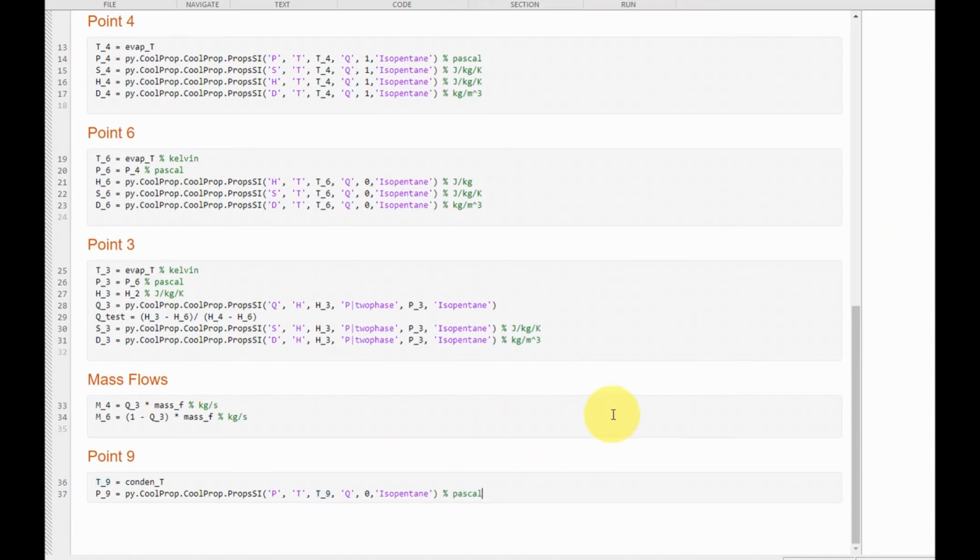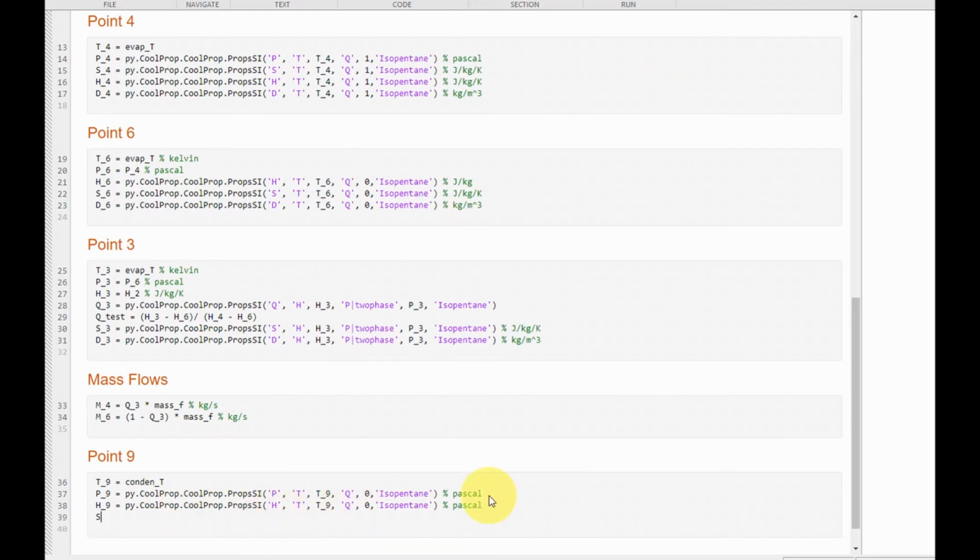Similarly, we can obtain all the values for the enthalpy and the entropy. So I just enter here and put my enthalpy to be this. I change this to H for enthalpy and it looks fine.